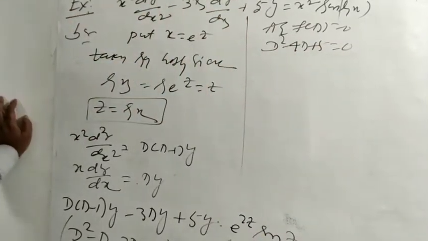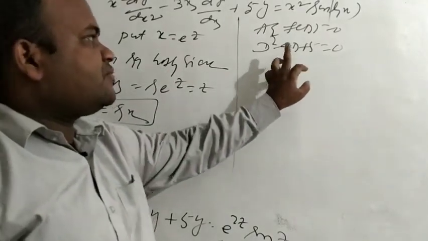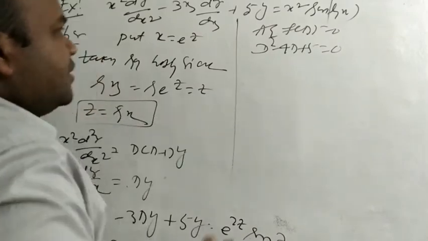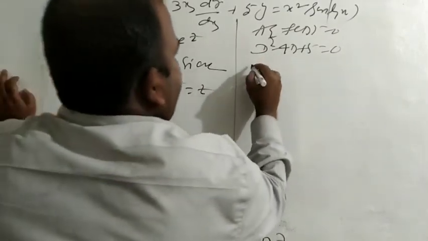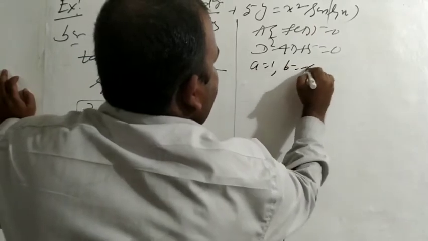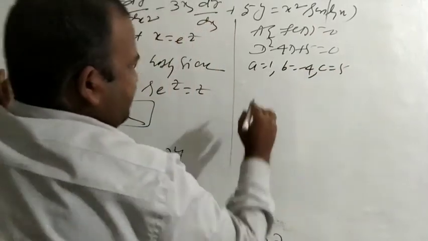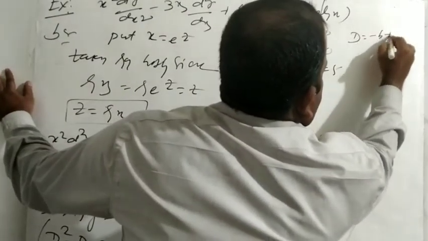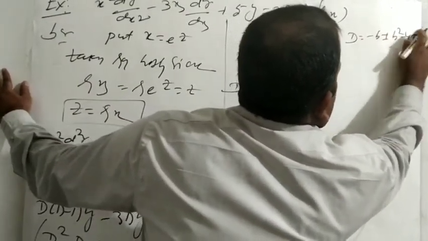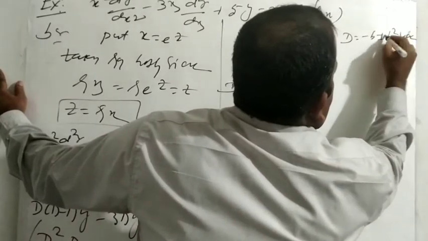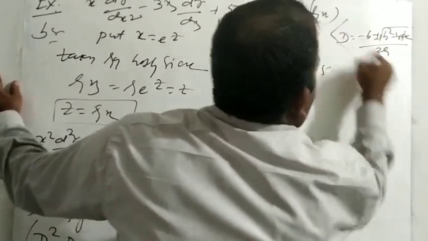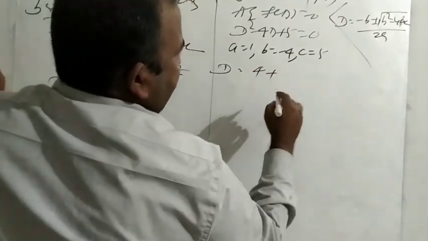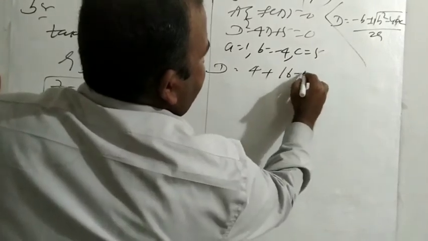Factorization does not work here, so you will use the quadratic formula. So a equals 1, b equals minus 4, c equals 5. d equals minus b plus or minus square root of b square minus 4ac by 2a. This is the formula.